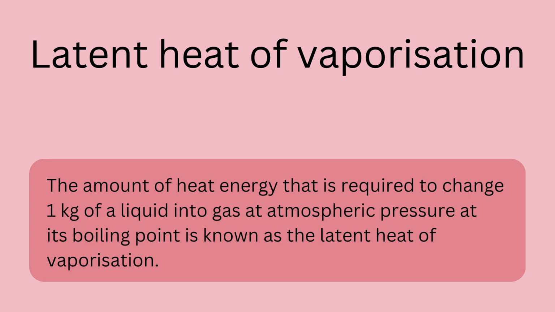The heat required to convert 1 kg of liquid into gas, instead of solid into liquid, is the only change. The amount of heat required to change 1 kg of liquid into gas at atmospheric pressure at its boiling point, where earlier it was its melting point, is known as latent heat of vaporization. So this is one more definition, and I hope it's quite clear. You can tell it by yourself.